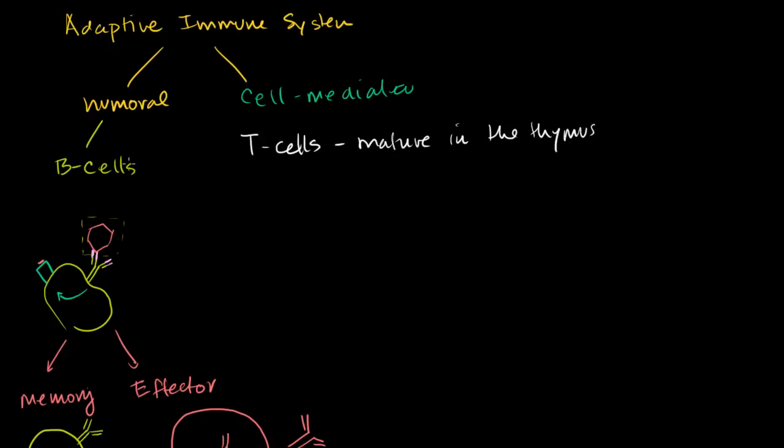It's all very confusing because you have B cells and T cells, but then there are two types of T cells. You have helper T cells, and most people just write T with a lowercase or subscript h there. And then you have cytotoxic T cells, or T cells that kill other cells. Cytotoxic T cell, and that's T with a subscript C.